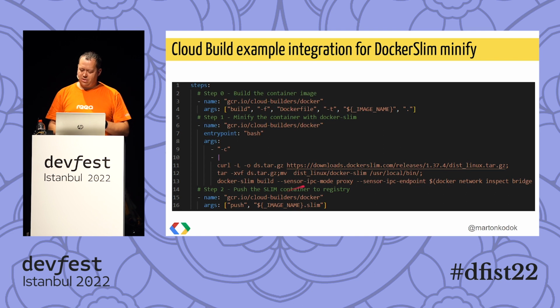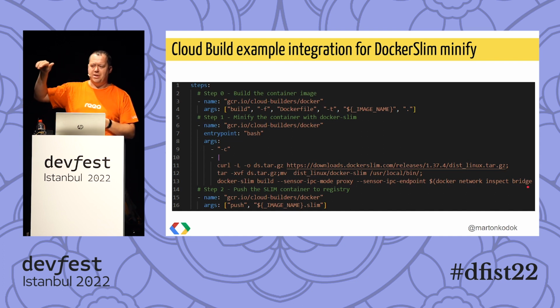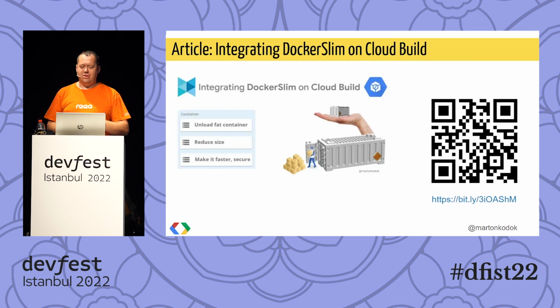It doesn't fit on the screen, but there is a link where you access your service, because the probe will touch and do the stuff in the container, and what's touched is kept in the container. What's not touched is not kept in the container. So, as I said, there is an article about integrating Docker Slim. Check it out. I'm not making Docker Slim, I just created the article.